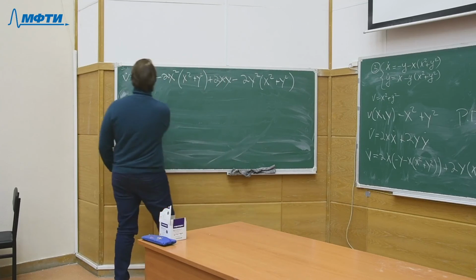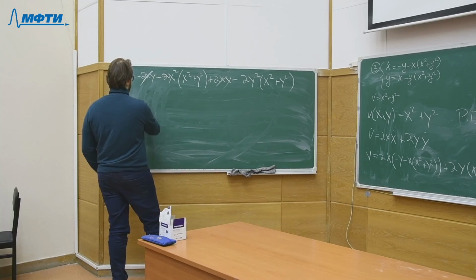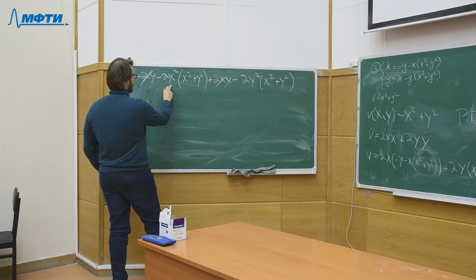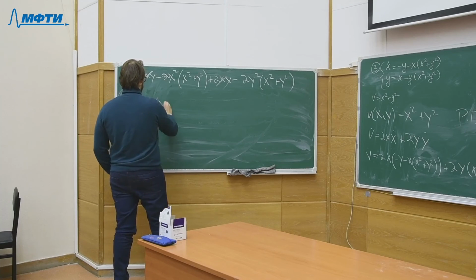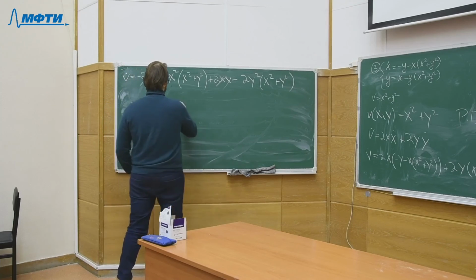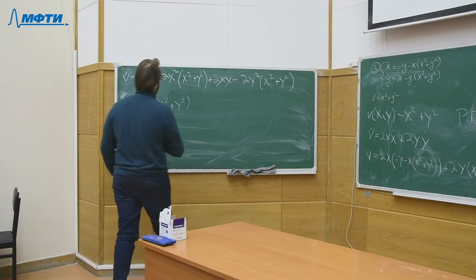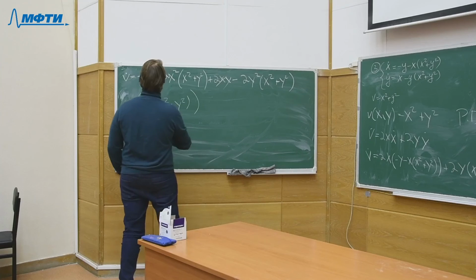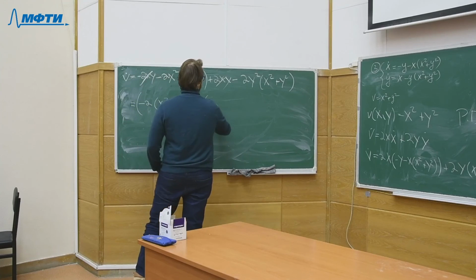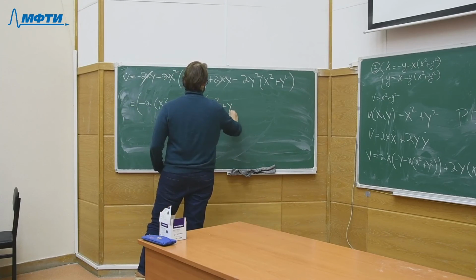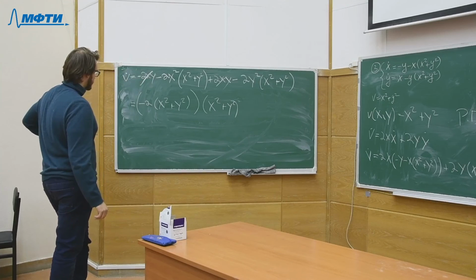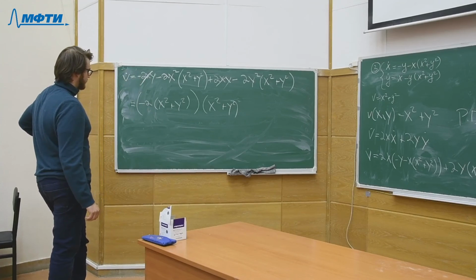They have the common factor minus 2 times x squared plus y squared, and then it's just this multiplied by x squared plus y squared, inside the bracket.